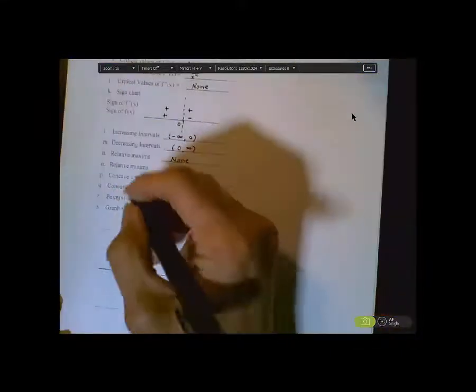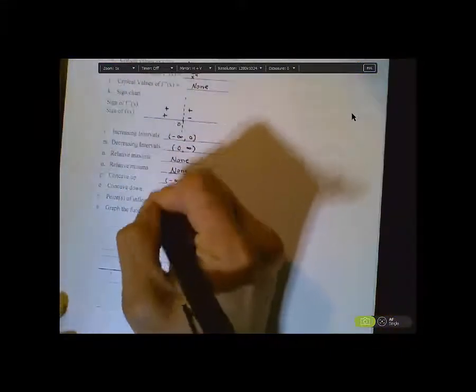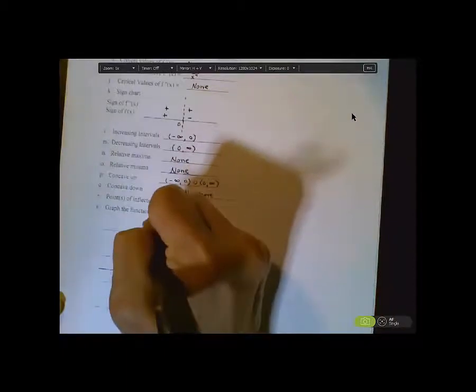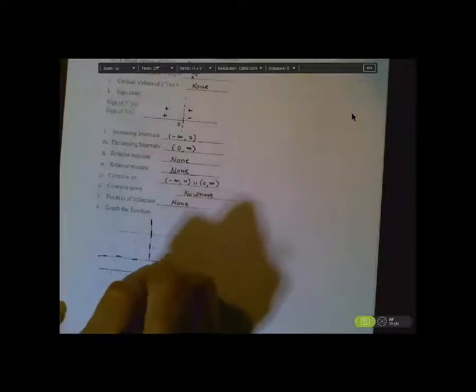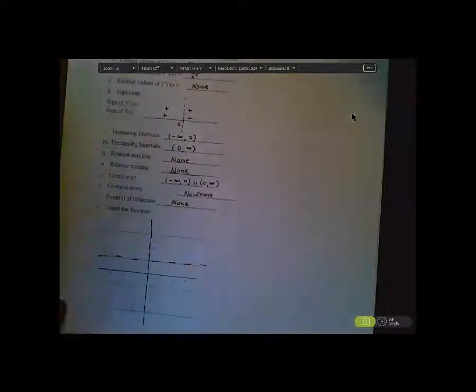We could try to dash in the y-axis to say that x equals 0 is a vertical asymptote, and also y equals 1 is a horizontal asymptote.